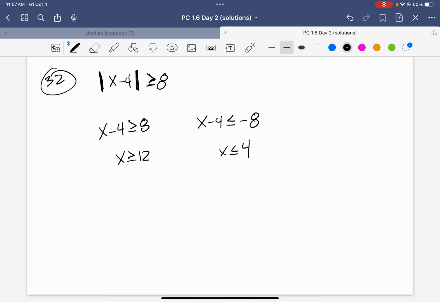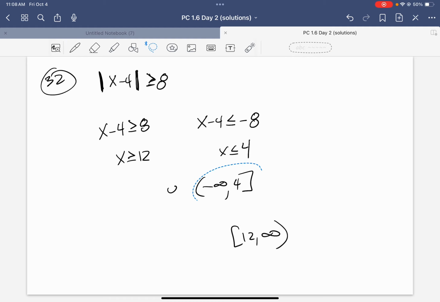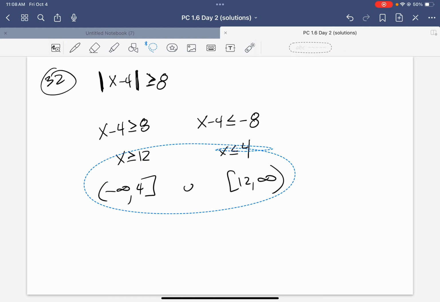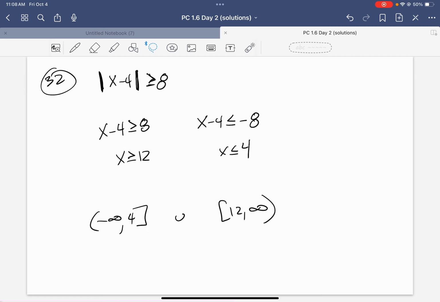So you are either 4 or smaller, unioned with 12 or bigger. Usually the way that we'd write that is like so, with a union in between them. Cool. All right, that's 32.